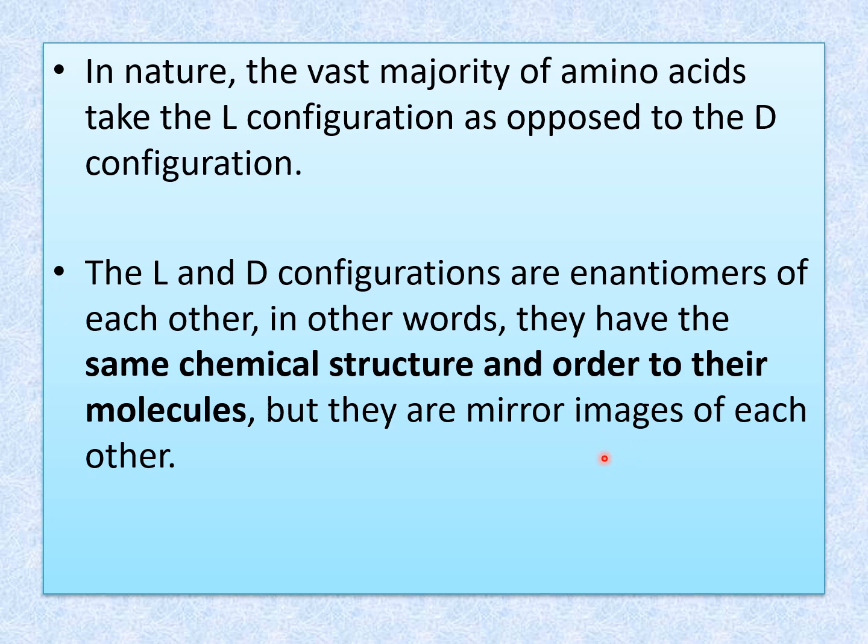They may have the same chemical structure and order to their molecules, but the way the atoms are arranged in space are opposite. I've already discussed this in the previous video, so if you're still confused about the L and D forms, the levorotatory and dextrorotatory terminologies, kindly revisit the video that I've posted before this discussion.